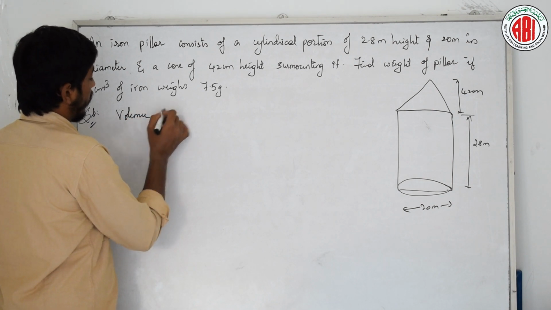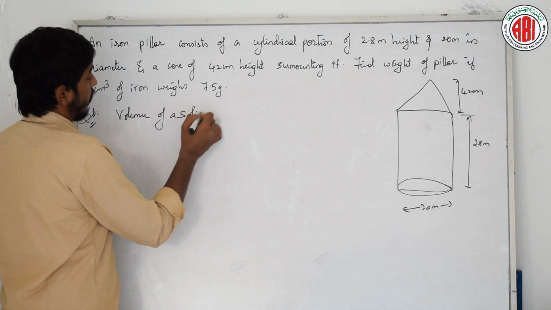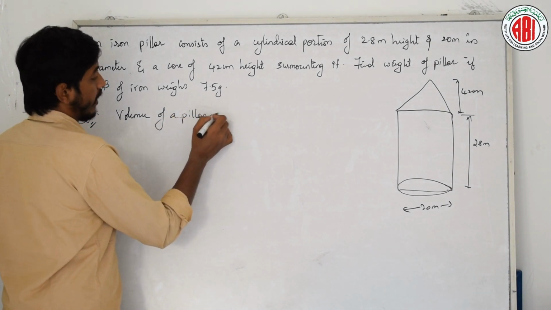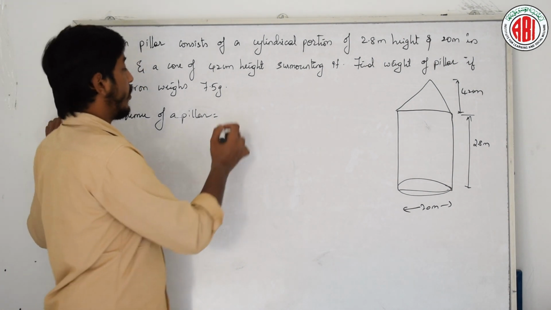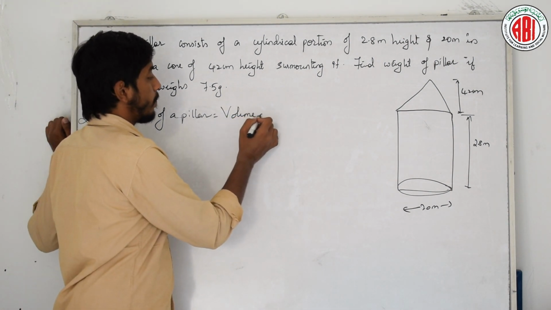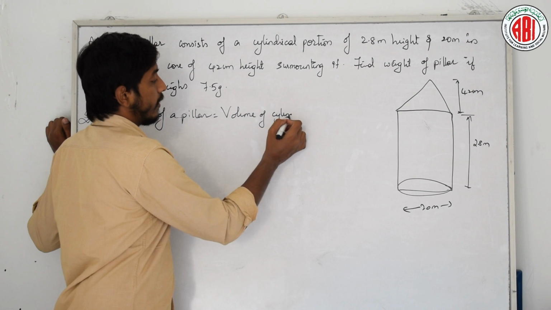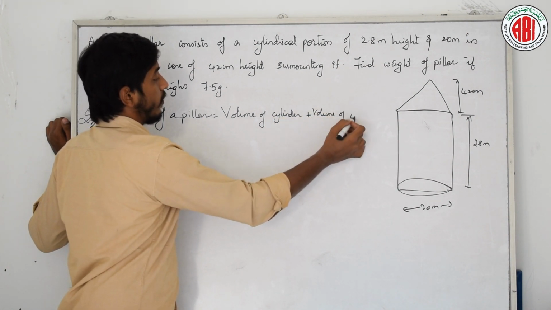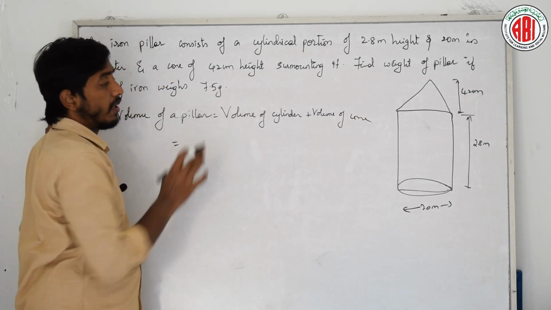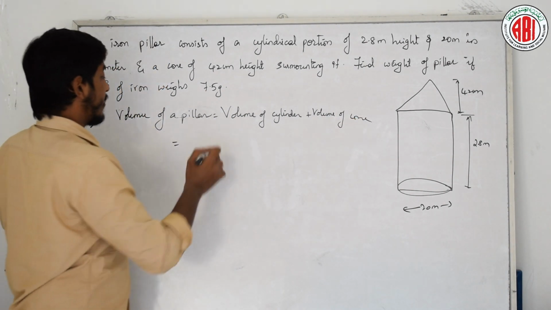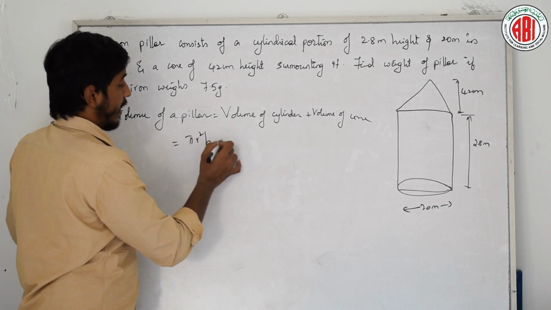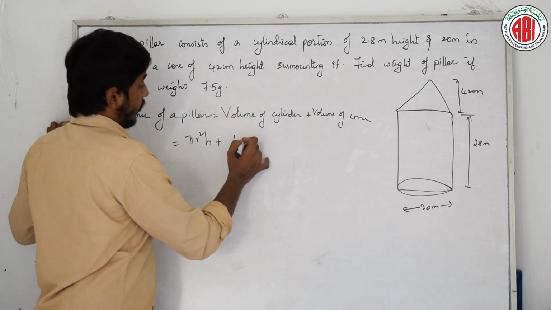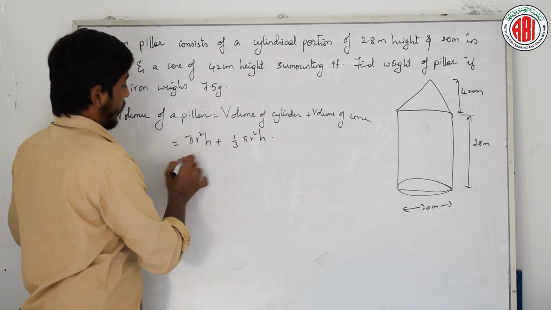Volume of the pillar is volume of cylinder plus volume of cone. The volume of a cylinder is pi r square h plus the volume of a cone, 1 by 3 pi r square h.